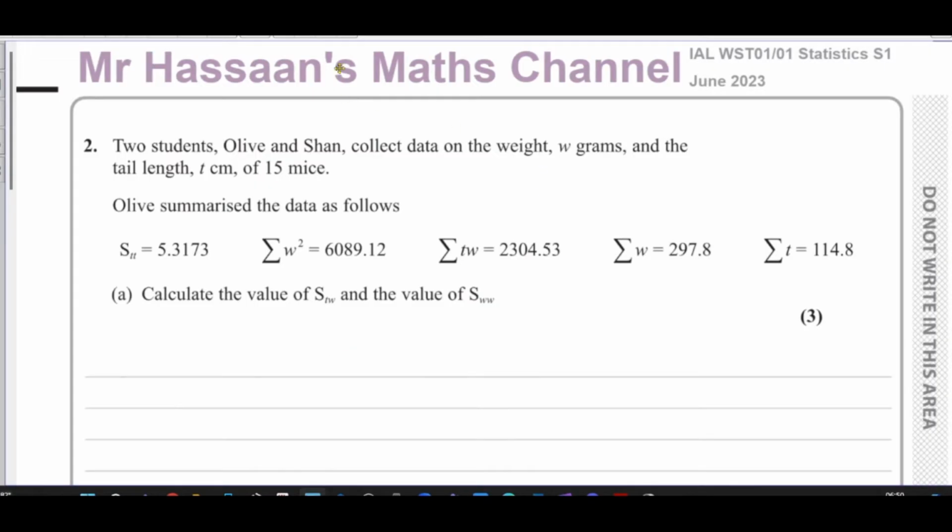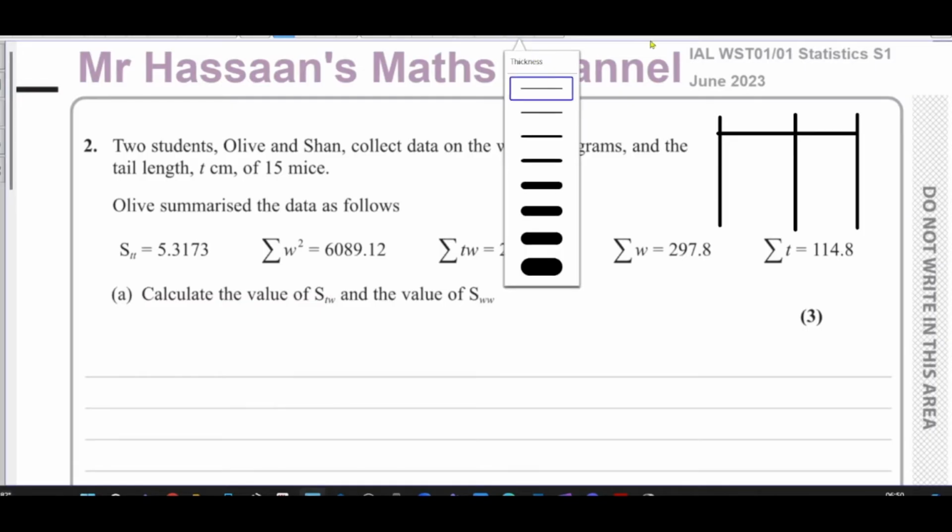Basically, I'll just make a little explanation for those of you who have no idea what this topic is about. You have a table of values dealing with the weight and also the tail length.